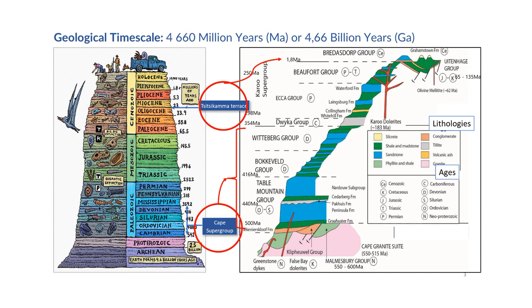So it was really cold, icy, windy, and not very pleasant. And then you go into the Karoo Supergroup up there, right up the top. So the Tsitsikamma terrace formed at that age, but because of deformation and the position of the rocks, it was formed on these rocks as they tipped on their side.